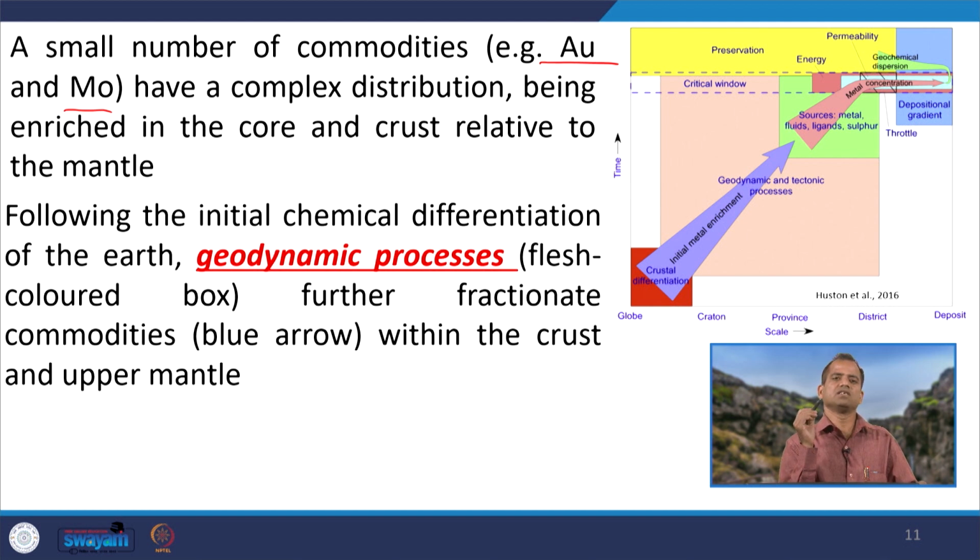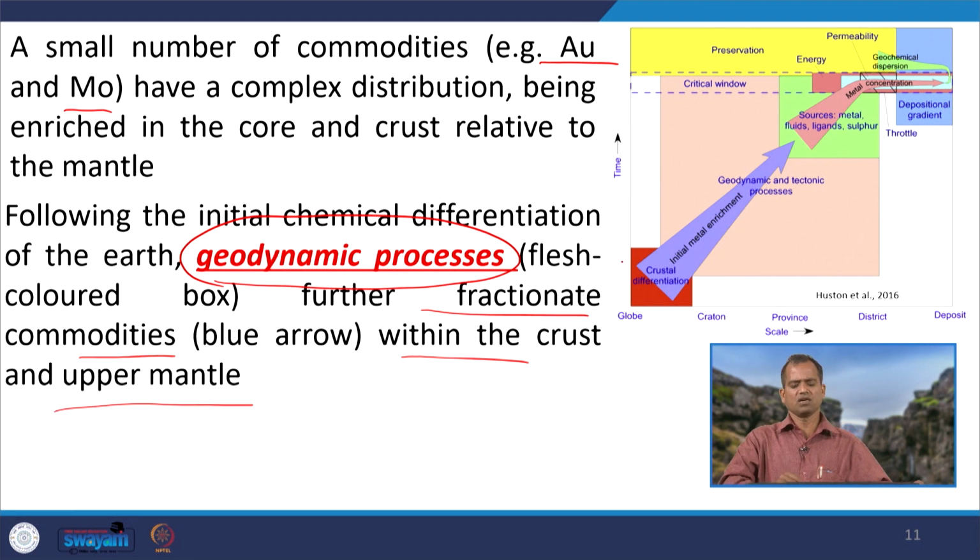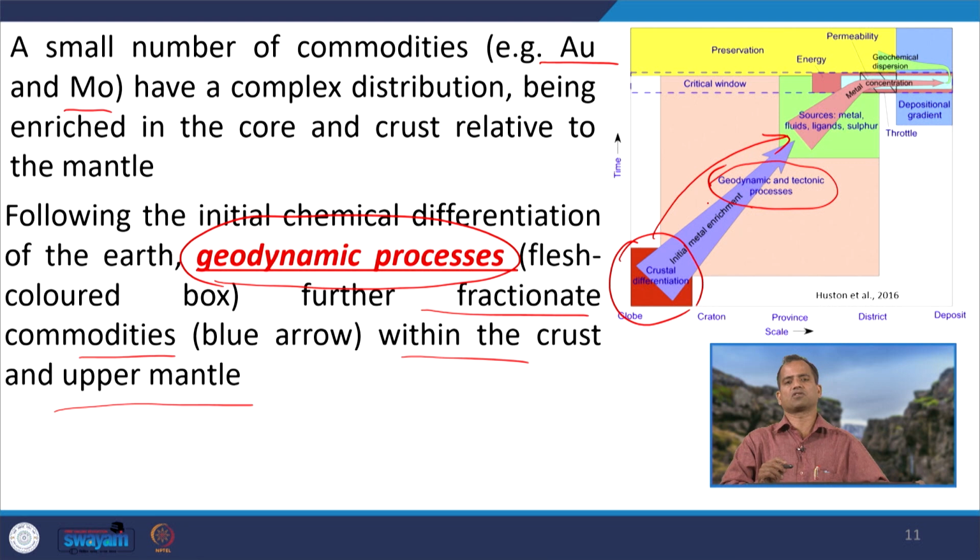So, following this initial chemical differentiation of this earth, that geodynamic process further fractionates the commodities within the crust to this upper mantle. So, now you see from this crustal fractionation, this geodynamic process is fractionating it again and taking it to this upper crustal level.